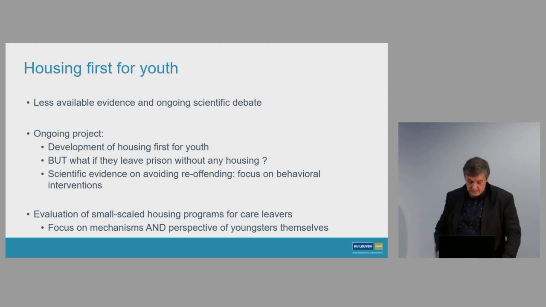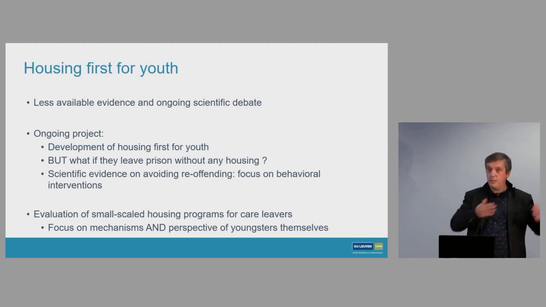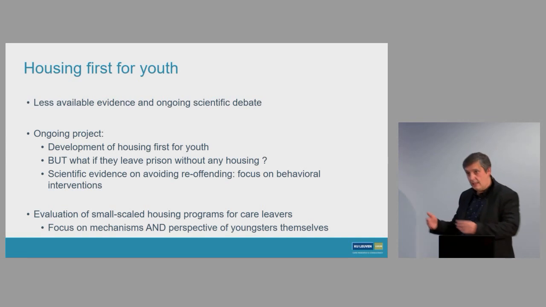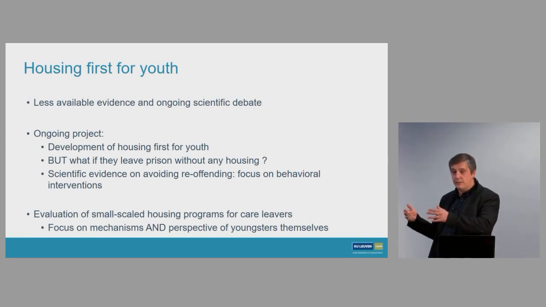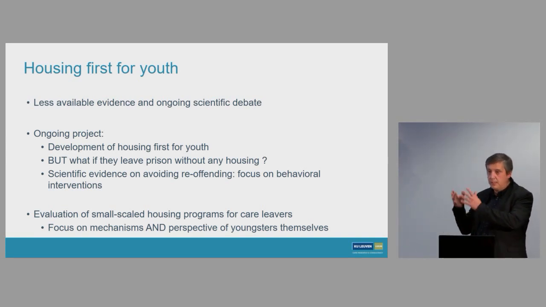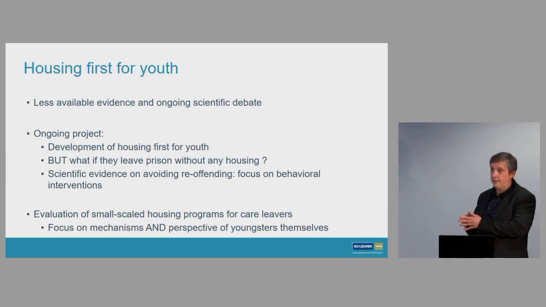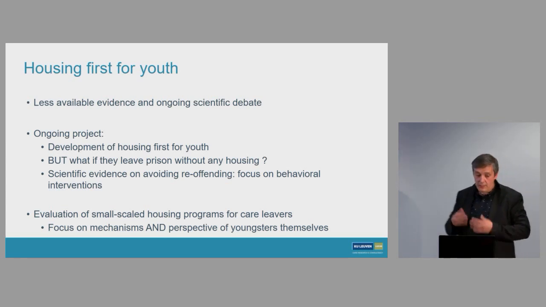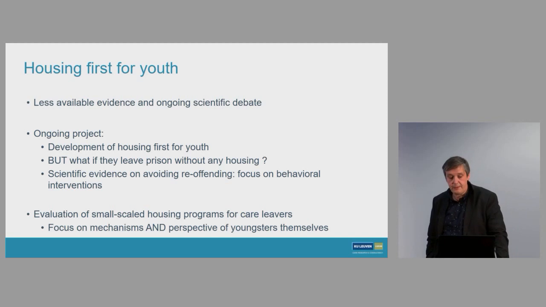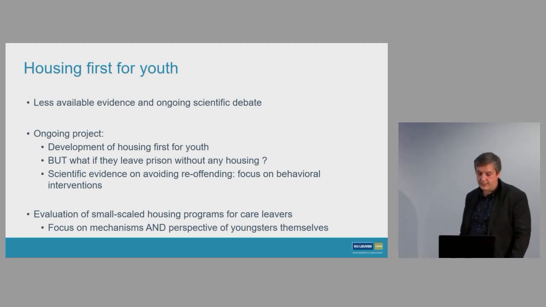So together with the organization, we also did a literature review on how to avoid reoffending of youngsters. What kind of interventions work if young people come out of prison?